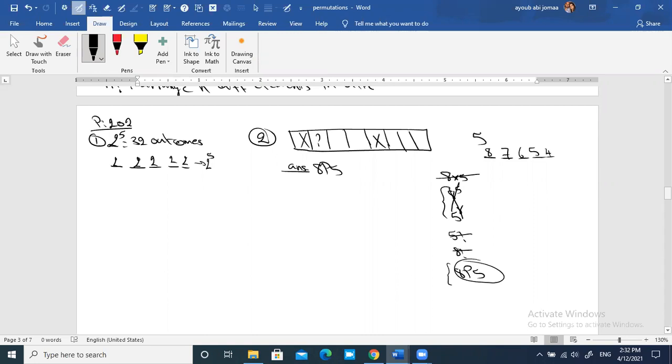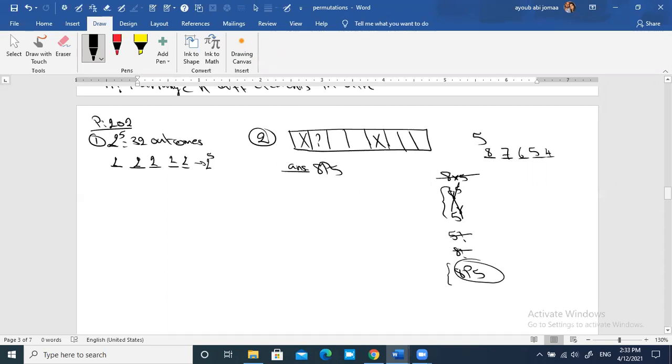I'm selecting 5 cells or 5 boxes to arrange these 5 books or 5 copies. You got the point?